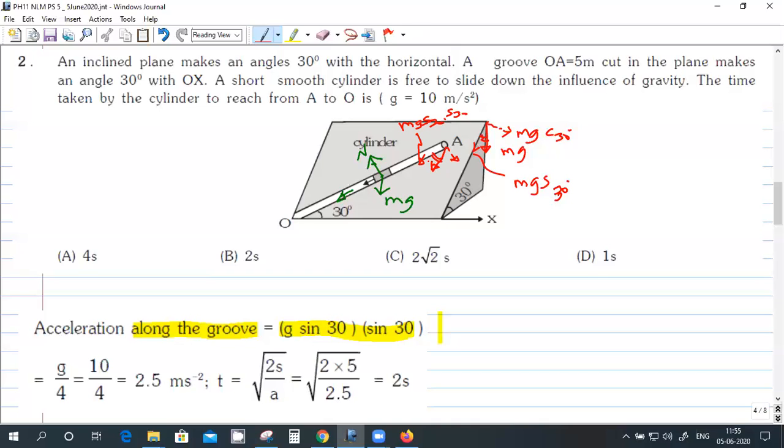It is cos 60. Cos 60 is same as sin 30. So the force acting along the direction of motion is mg sin 30 into sin 30. So acceleration is this divided by the mass, so it is g sin 30 into sin 30. Okay. But you have to understand this.